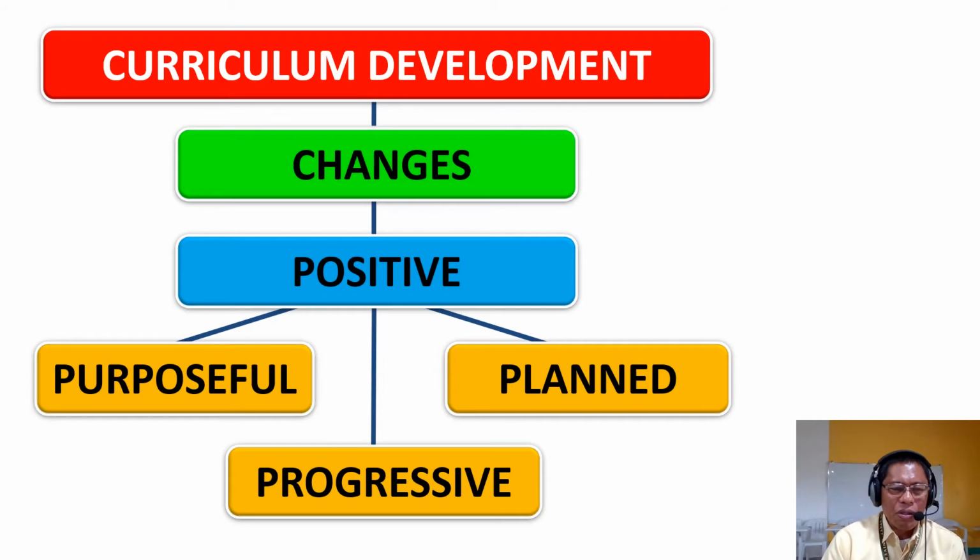And it should also be progressive. Ibig sabihin ng progressive, it is considered an improvement over the old curriculum. So yan po. Curriculum development requires changes. In order for these changes to have positive results, these changes should be purposeful, planned, and progressive.